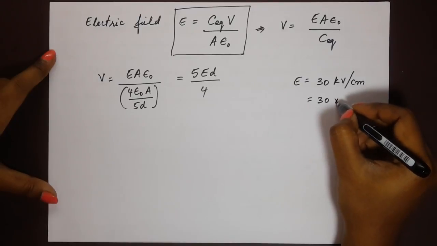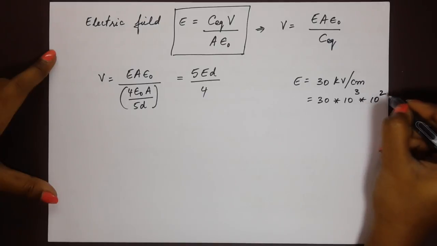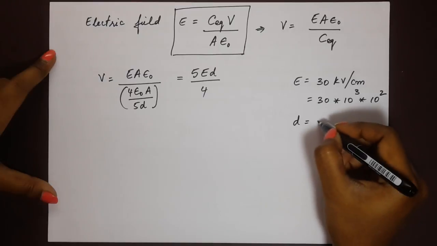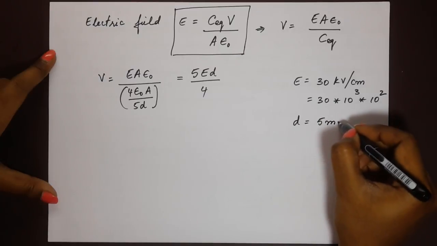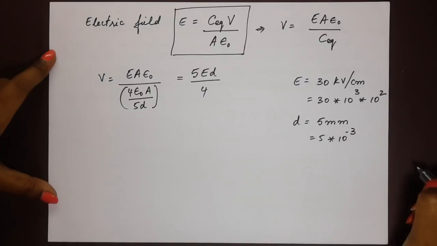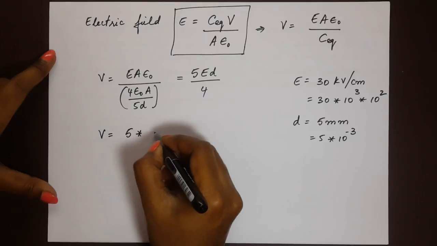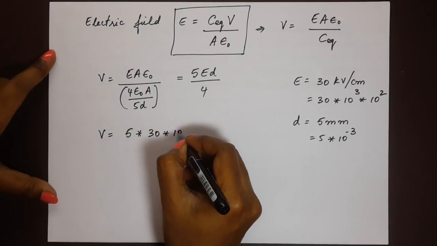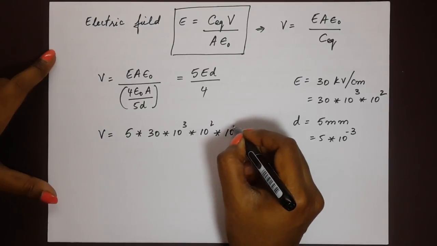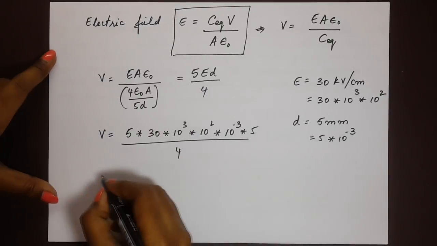So that's 30 into 10 power 3 into 10 square. Then we have D given to us as 5 mm, which is 5 into 10 power minus 3. Let's substitute these values. We get 5 into 30 into 10 power 3 into 10 square into 10 power minus 3 into 5 divided by 4.